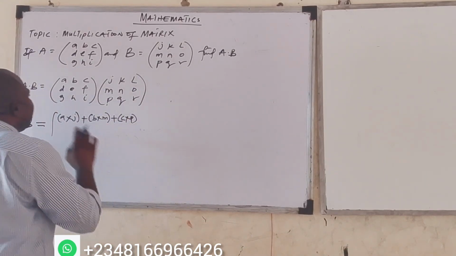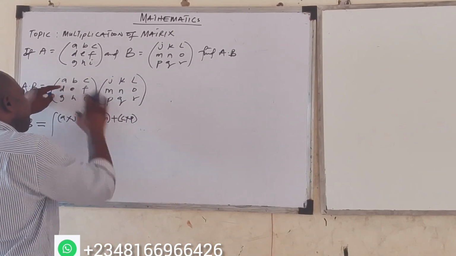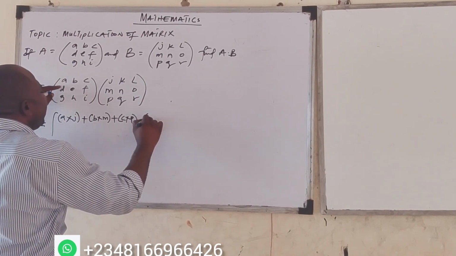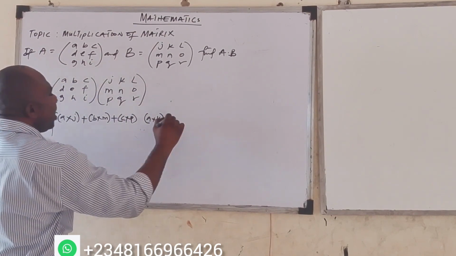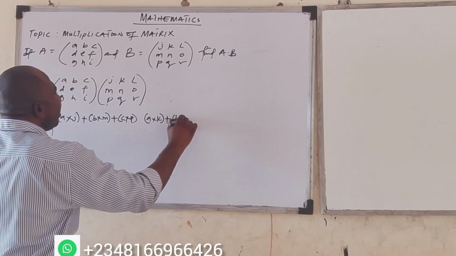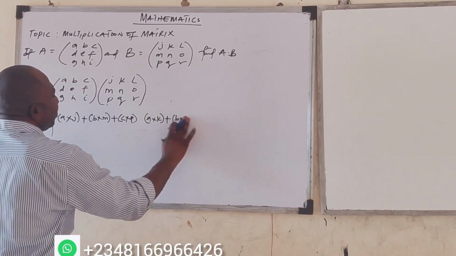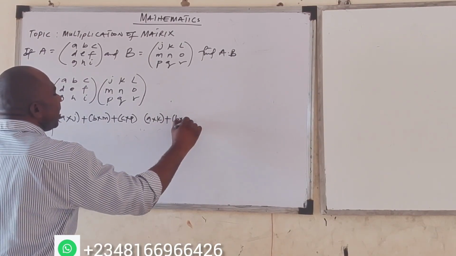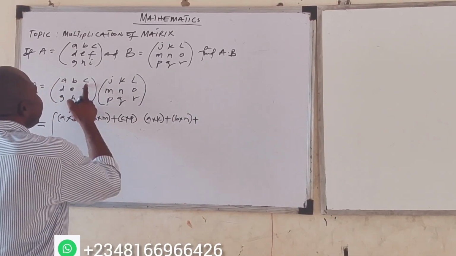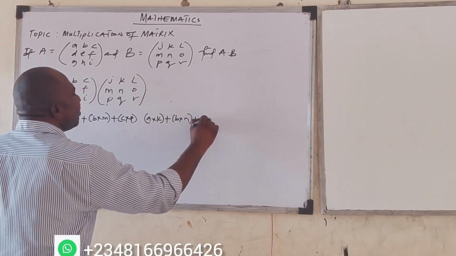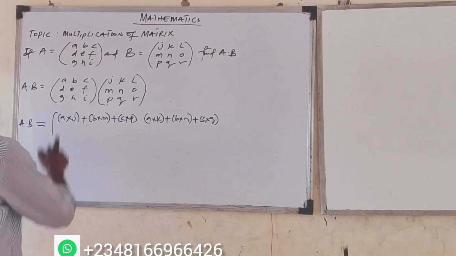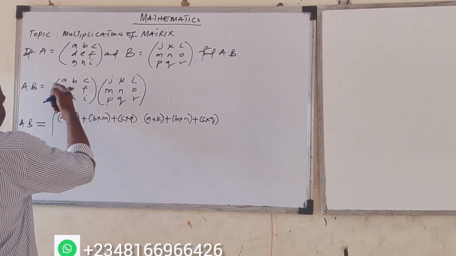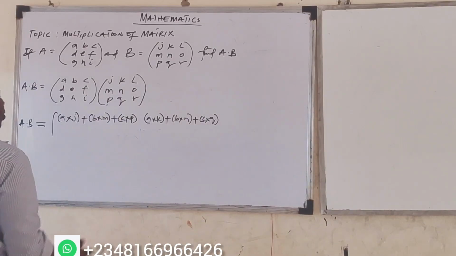For the second one, this by this, row by column: A times K plus B times N plus C times Q. Now the next one is the first row by the third column.